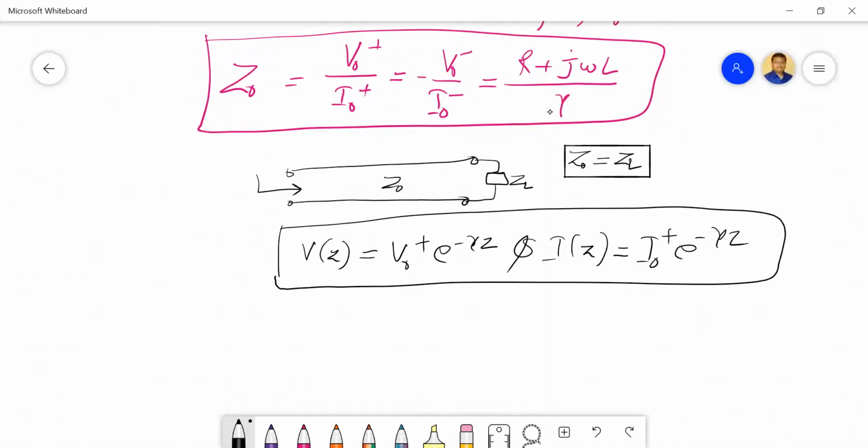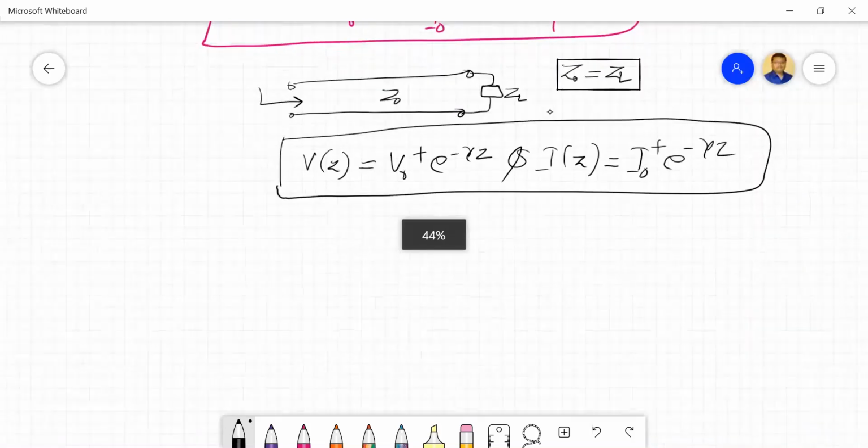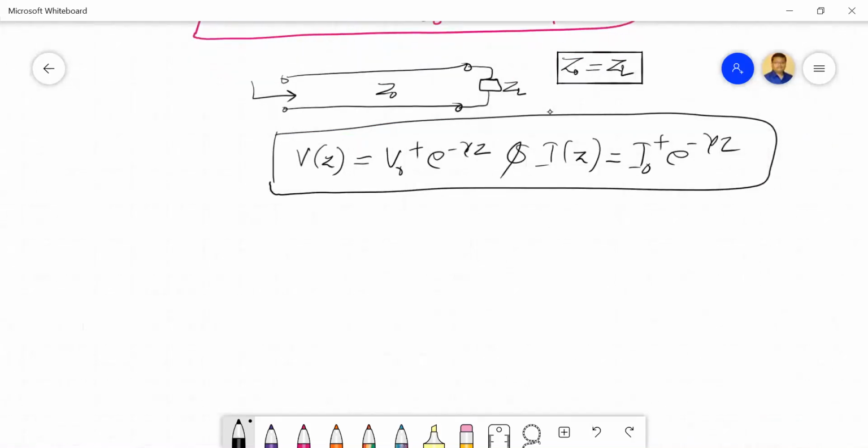There will be no e to the power gamma z term because no wave is coming towards the minus z direction, because we maintain a condition like this: Z0 is equal to ZL. Fine. So in that case, Z0 will be Vz over Iz.